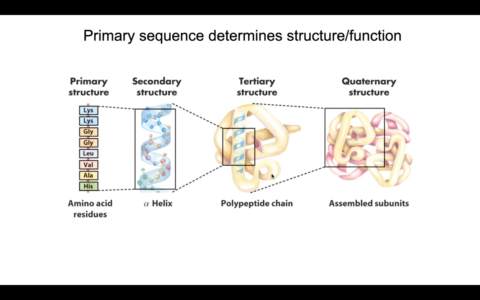On top of that, the structure of the protein is what dictates or determines the function of the protein. So what that means then, indirectly, is that it's the primary sequence of the protein that determines its function. If you do something to mess up the primary structure, if you change the sequence of amino acids, you will change the structure of that protein and therefore change the function.